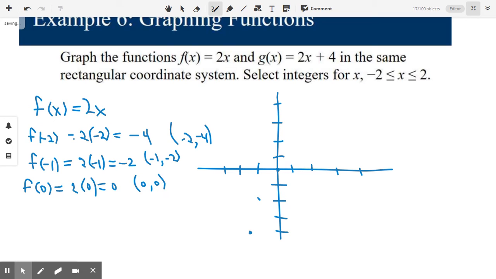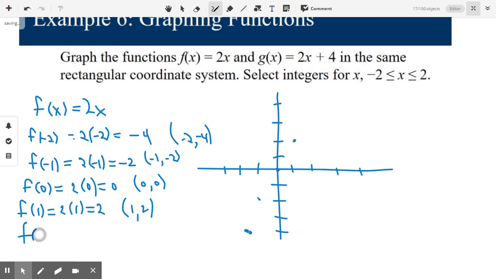And you should be able to see right now, it is lining up. Of course, I didn't draw this very good. That's what happens when you use your hand to draw things. F of 1, I get 2 times 1 is 2, so that comes from the point x is 1, y is 2.